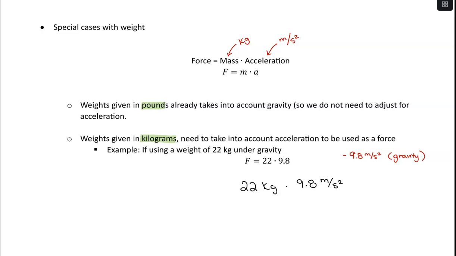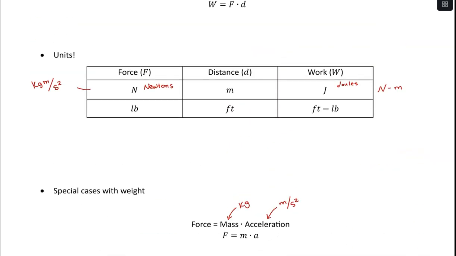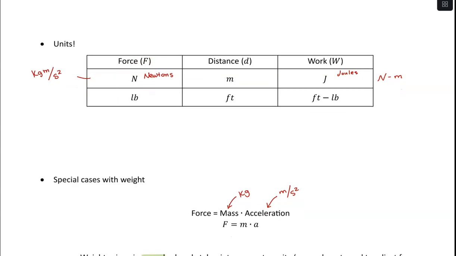When we multiply those two together, the numerical value is 215.6, with units of kilograms meters per second squared, but we can just change that to 215.6 newtons. Then we're all set for a calculation involving force with newtons.